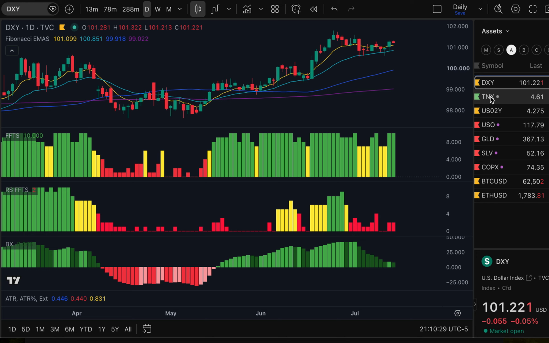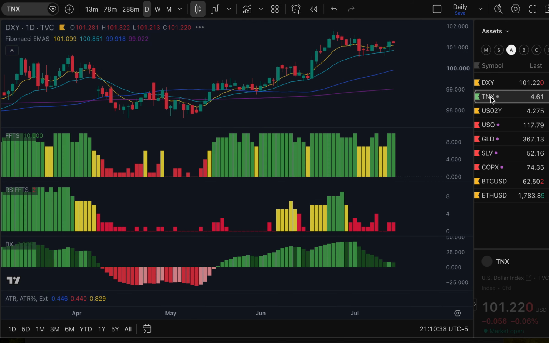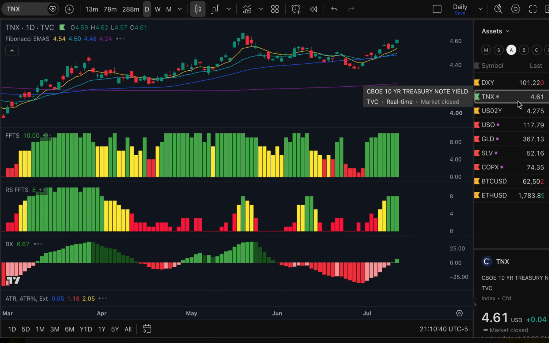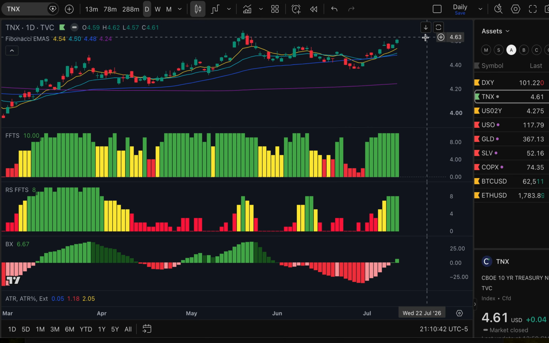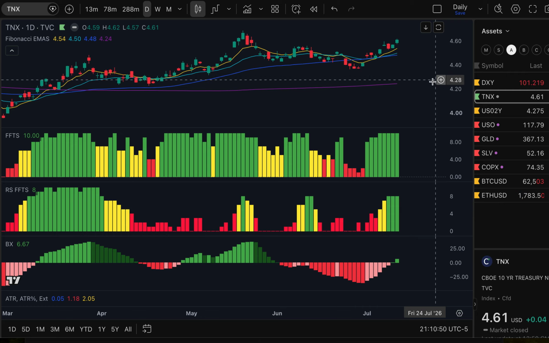It's generally bad for equities and other things like gold and Bitcoin when the dollar is rising. This is the 10-year Treasury yield, also rising, 10 out of 10 on the trend stack, positive momentum. So yields are on the rise.